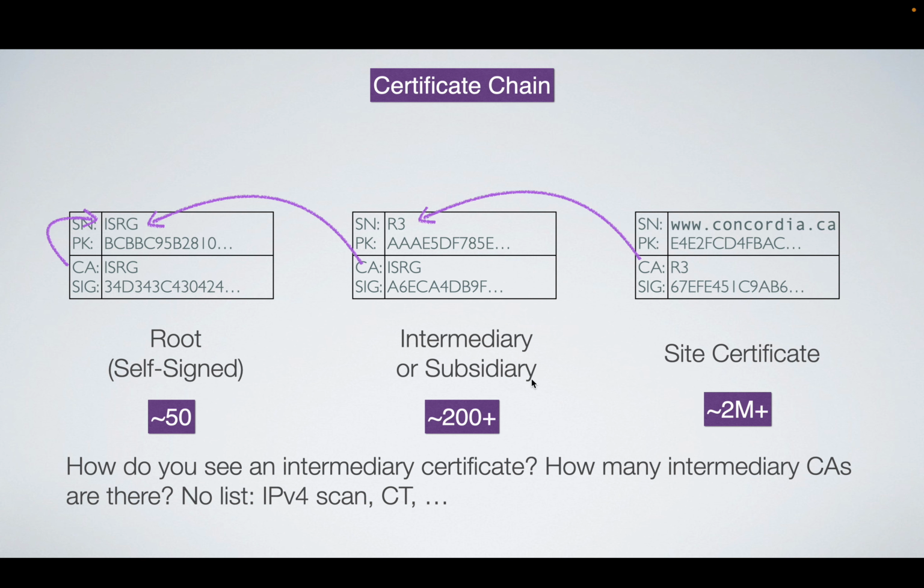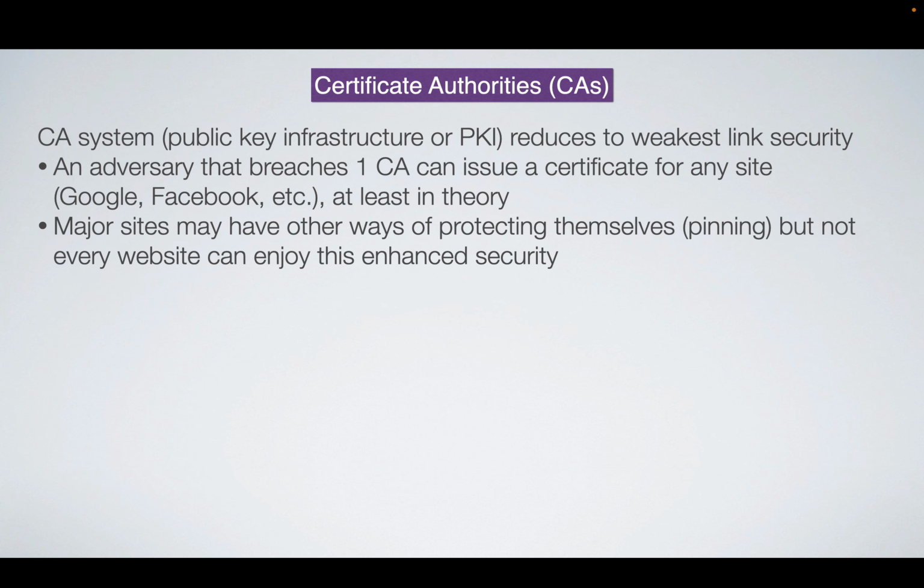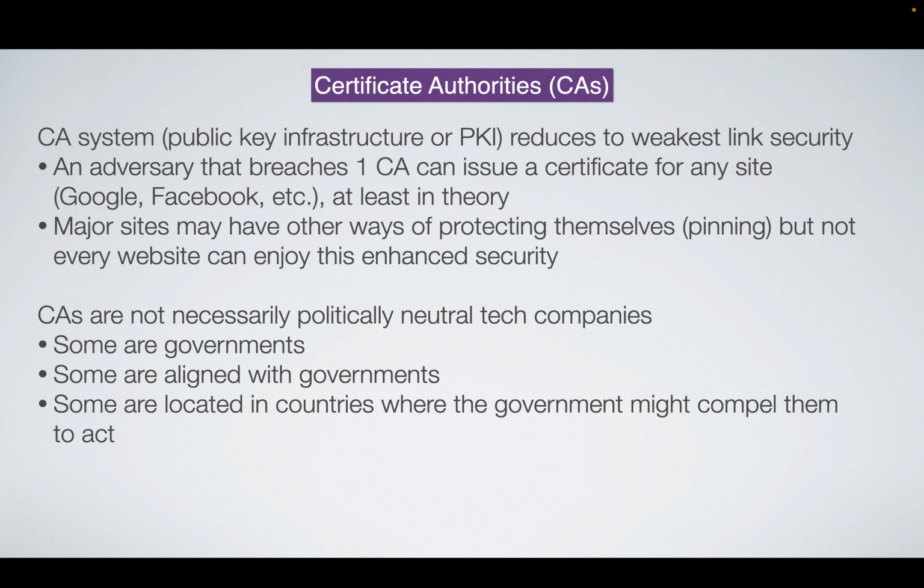So when I hack or breach an intermediary or a root, I can steal the signature, doesn't help me. I can steal their public key, doesn't help me. But if I steal their secret key, then that's the thing that we're after. Then I can mint any certificate.